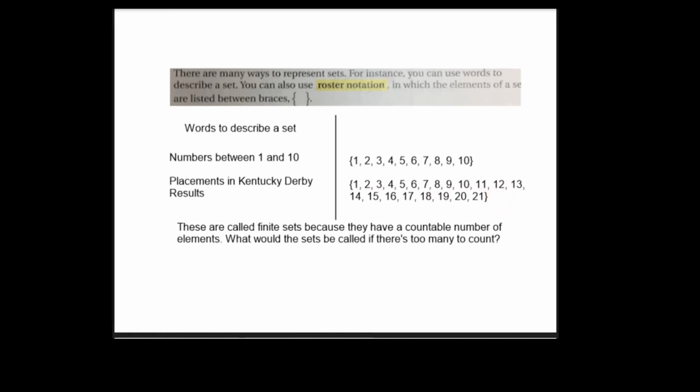So roster notation is pretty simple as long as we know what is inside of our set. And these are called finite sets because there is a finite number or a countable number of elements inside the set. What do you think the sets would be called if there's too many to count? That would be an infinite.